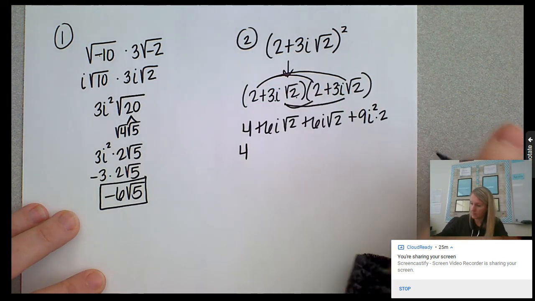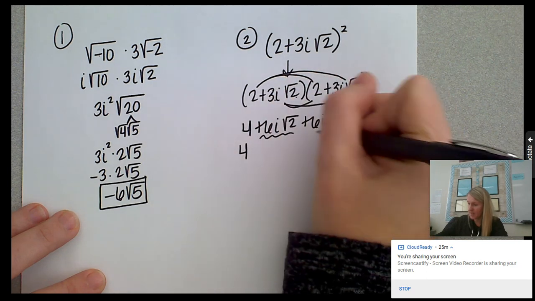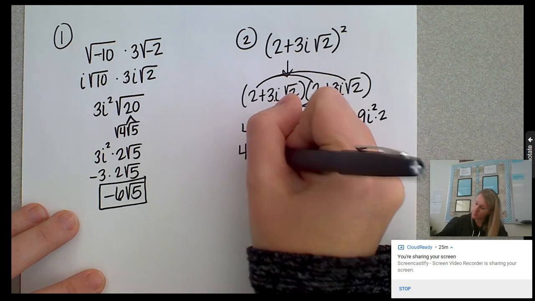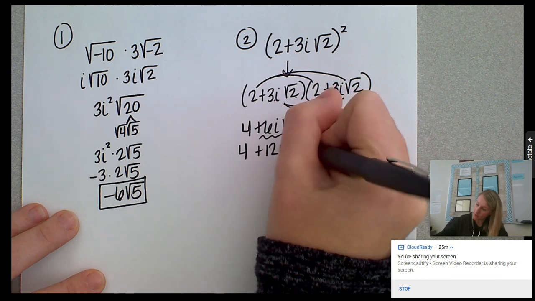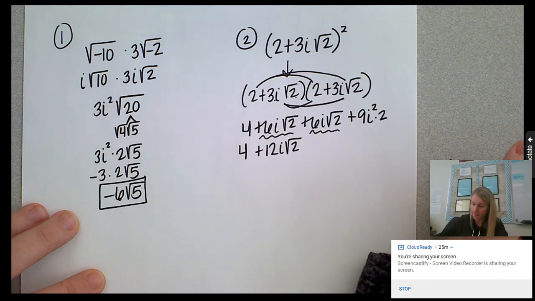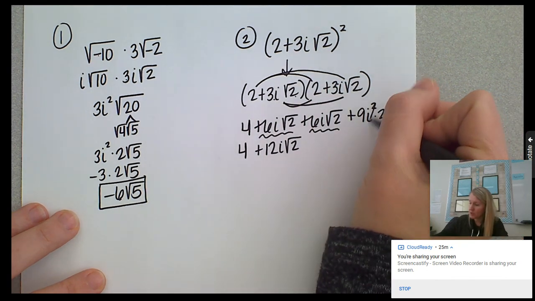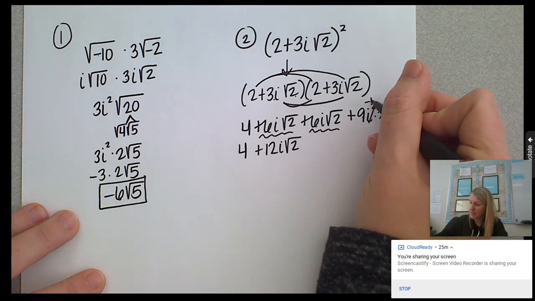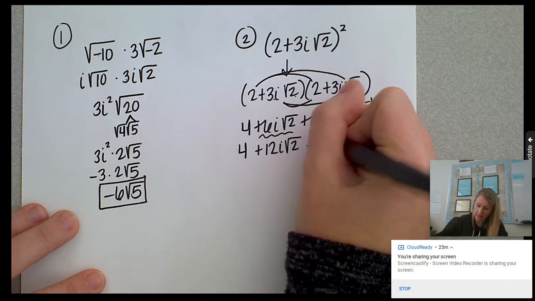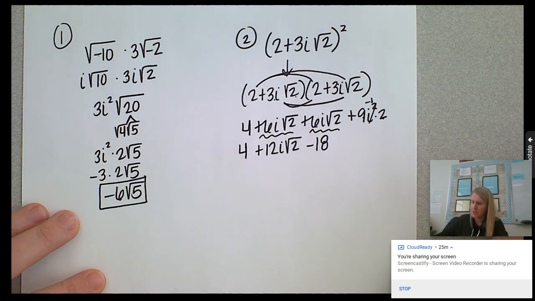So we end up with 4. I can combine these right away. 6i square root of 2 plus 6i square root of 2 gives me plus 12i square root of 2, right? Because I'm just adding 6 plus 6. Here, this turns to a negative 1. 9 times negative 1 times 2 is minus 18. And last but not least, is that a minus or?